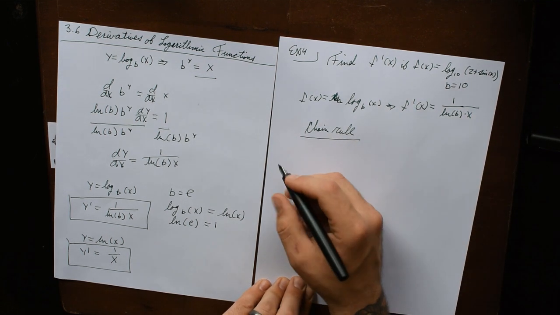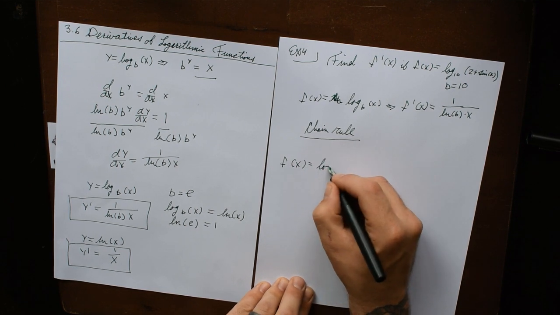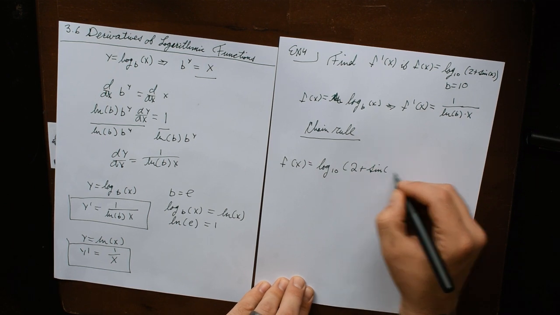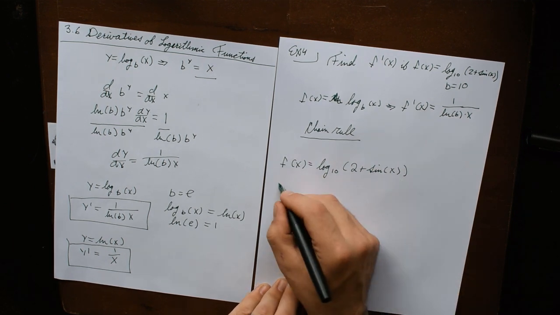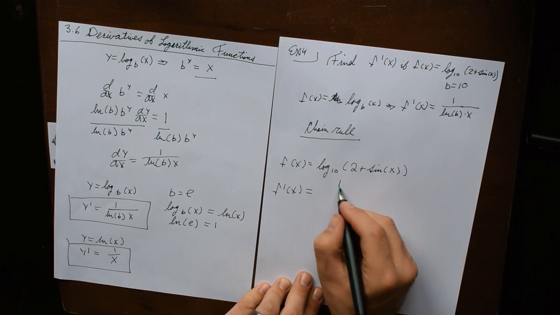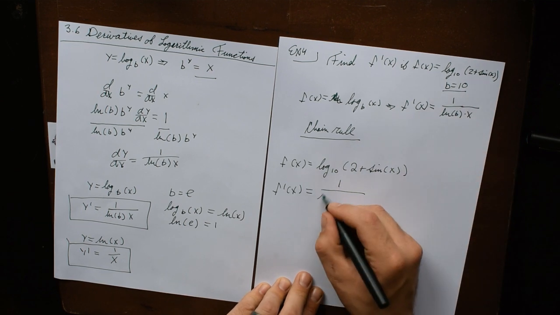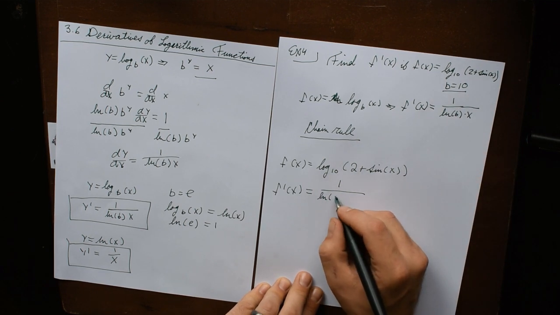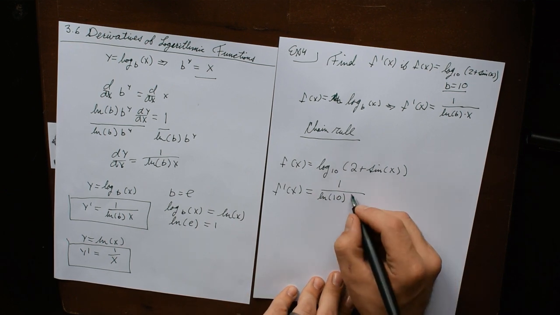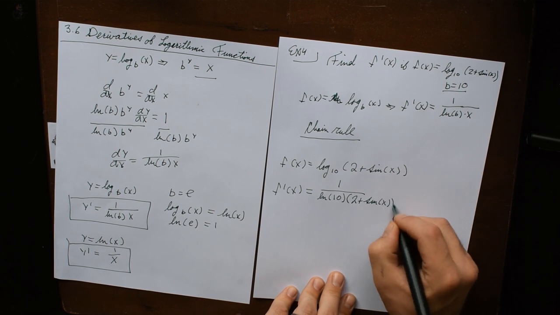So, if f of x is equal to the log base 10 of 2 plus the sine of x, then f prime of x has to be equal to 1 over the natural log of b, which is 10, times the inside, 2 plus the sine of x.